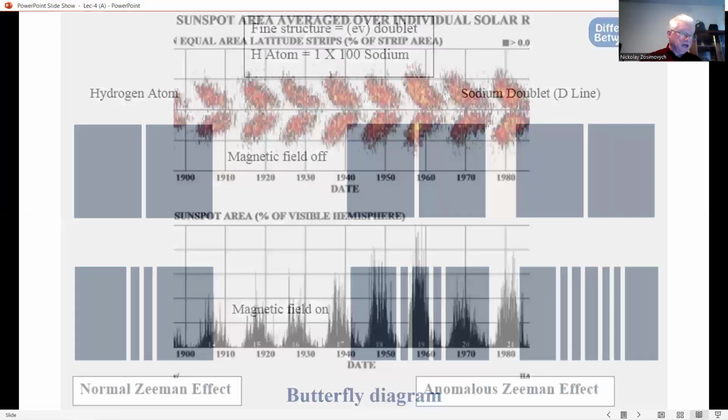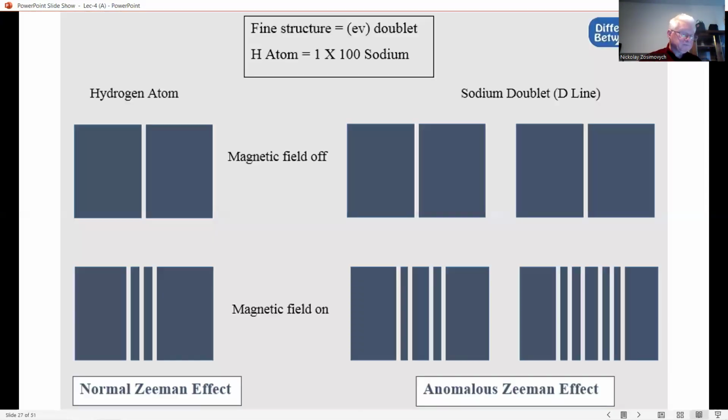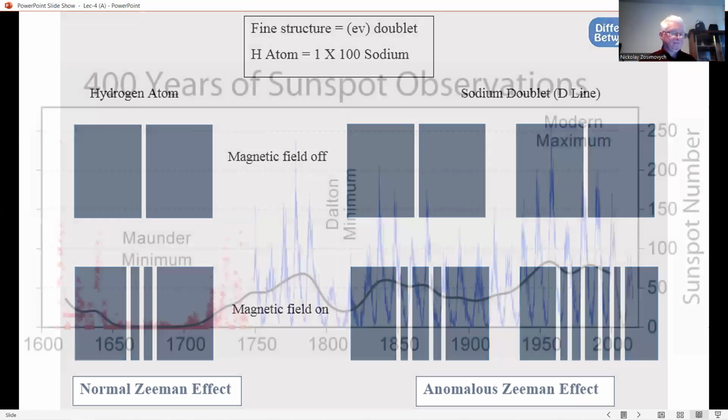Astronomers can use the Zeeman effect to measure magnetic fields on the sun. The average sunspot contains magnetic fields a few thousand times stronger than the Earth's. This is part of the evidence that the sunspot cycle is produced by a solar magnetic cycle.